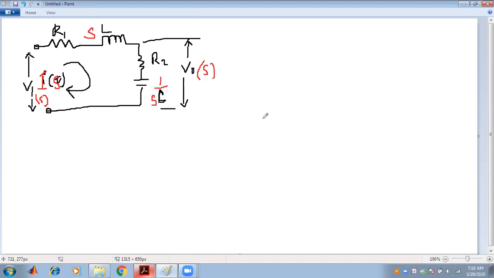That is, I am converting it from a time domain to a Laplace domain.